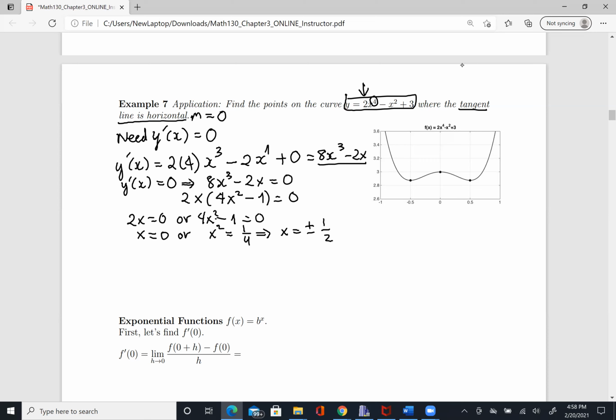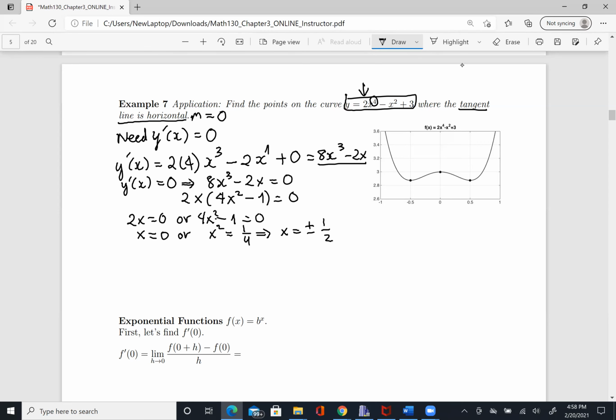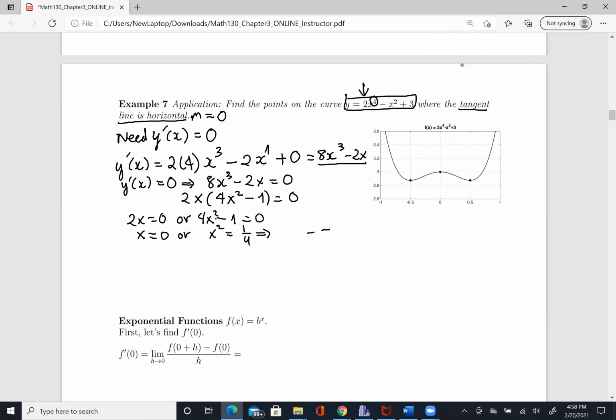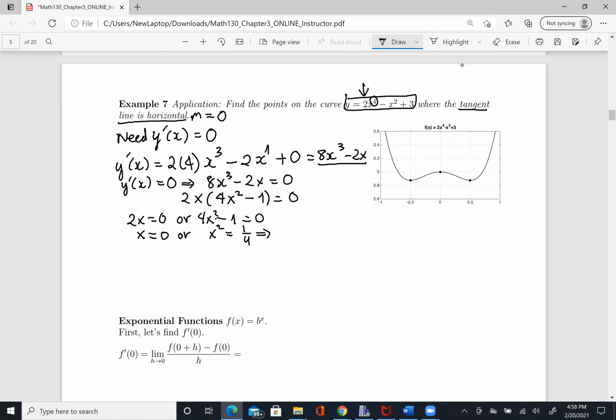Remember that when you take the square root of a squared variable, you're going to have a positive and negative. Okay, so let me write it like this so people can have it more clear. So square root of this, square root of this, and x equal to 1/2 or equal to negative 1/2.